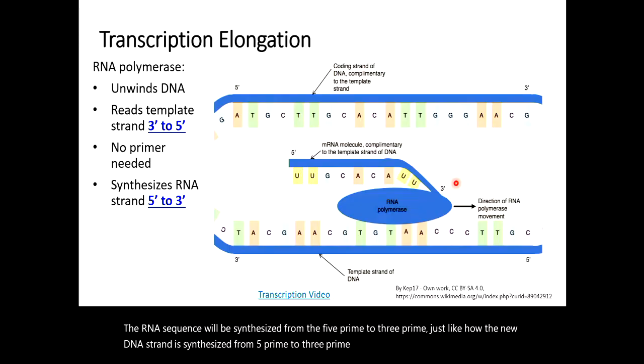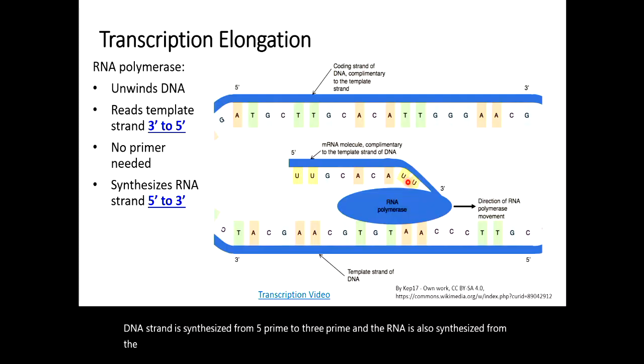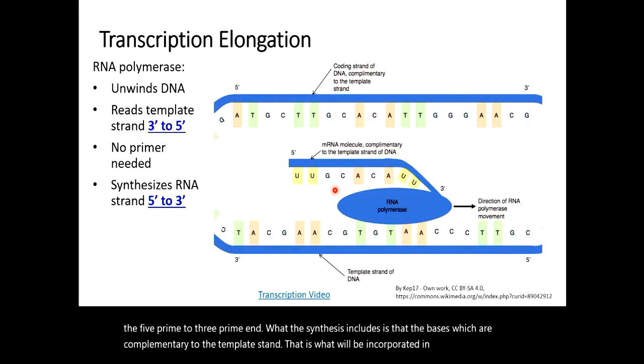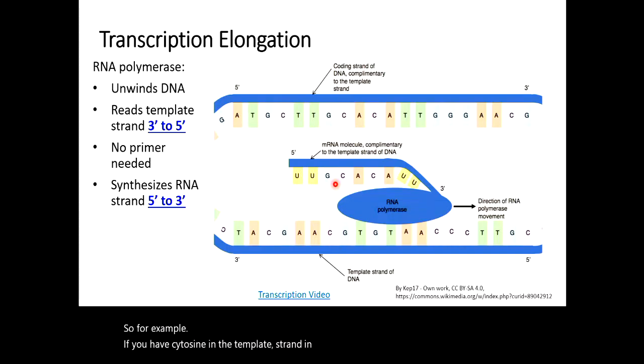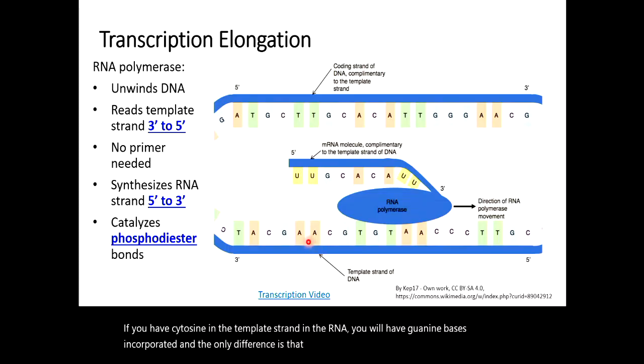The RNA is also synthesized from the 5' to 3' end, and the synthesis includes the bases which are complementary to the template strand being incorporated in the RNA sequence. For example, if you have cytosine in the template strand, in the RNA you will have guanine incorporated. The only difference is that if you have an adenine in the template strand, in the RNA you'll have uracil rather than thymine.